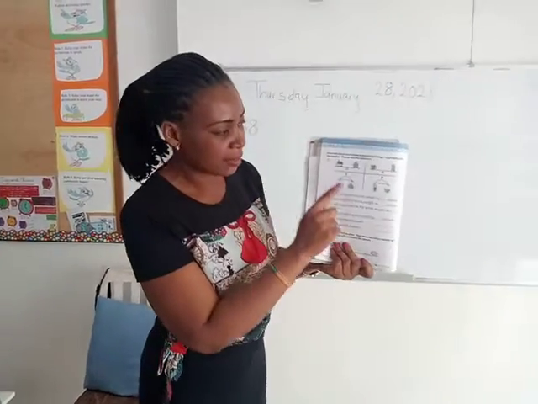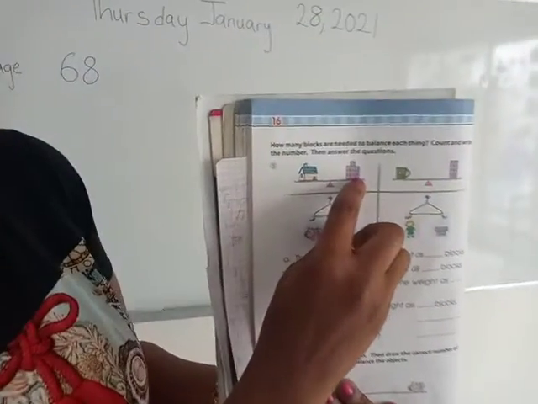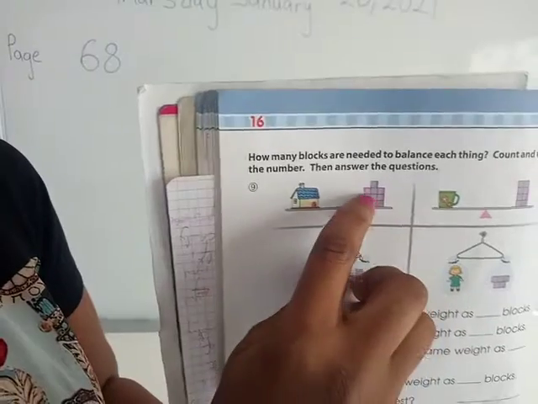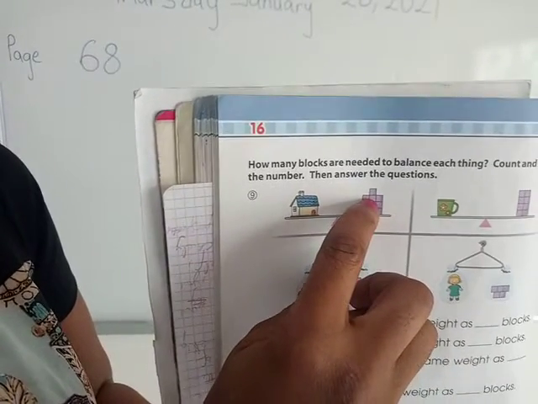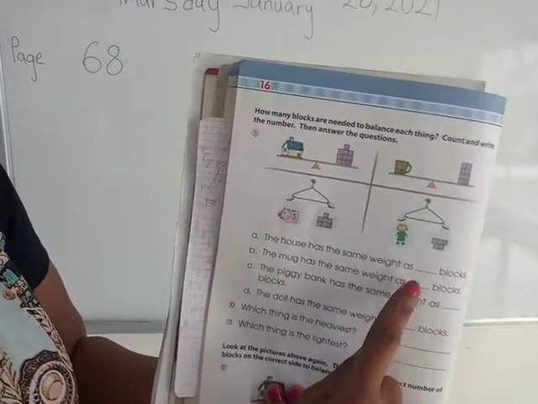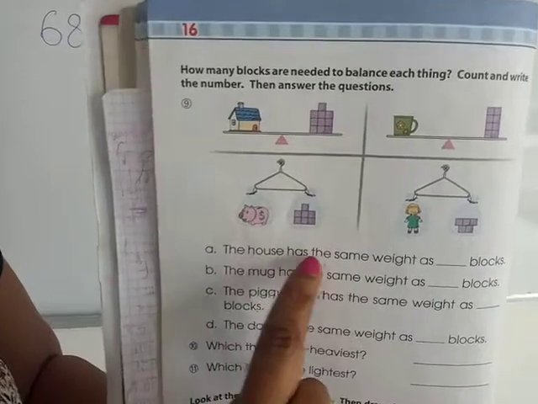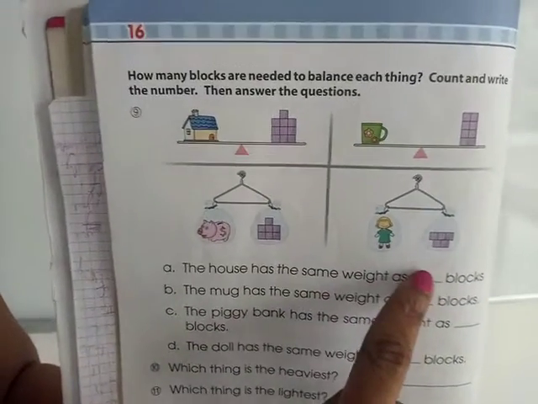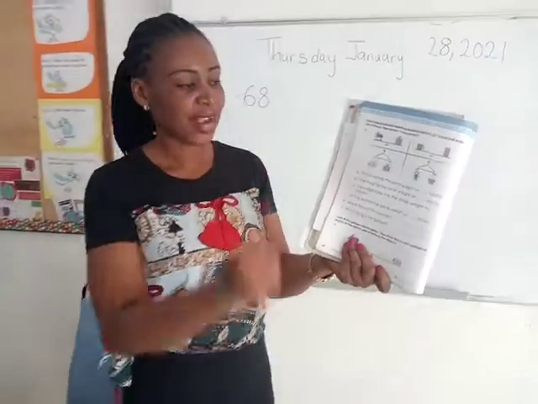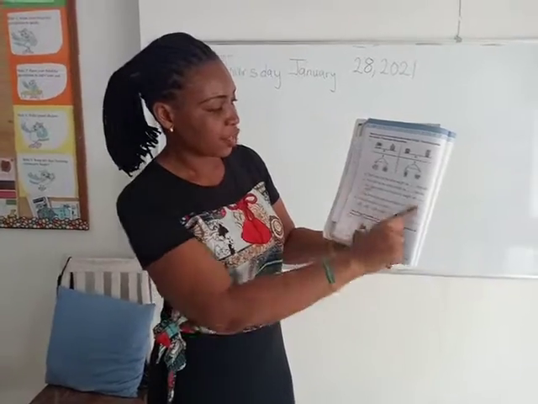Let's count one more time. 1, 2, 3, 4, 5, 6, 7, 8, 9, and 10. So we come over here and we write 10 in the space because the house has the same weight as 10 blocks. Is that understood? Now you continue with the other ones and finish up your work.